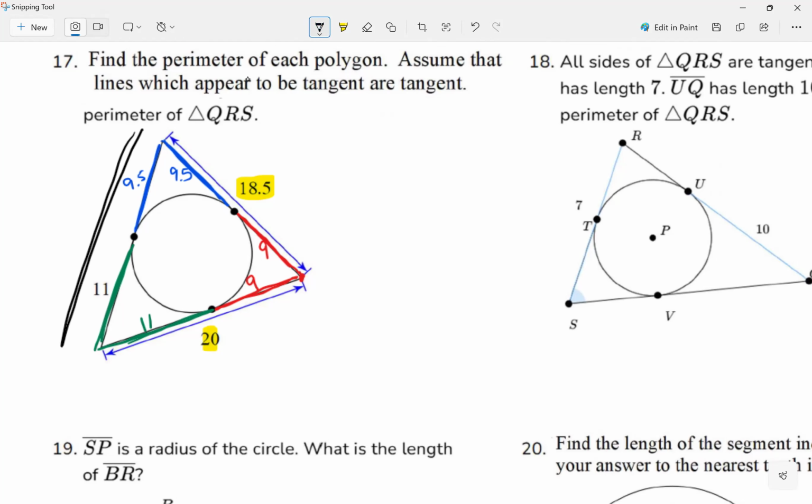I'm going to write it down here instead: 11 plus 9.5 plus, now this whole side right here, 18.5, and the third side down here, 20. So 11 plus 9.5 plus 18.5 plus 20. According to my calculator, I get 59.